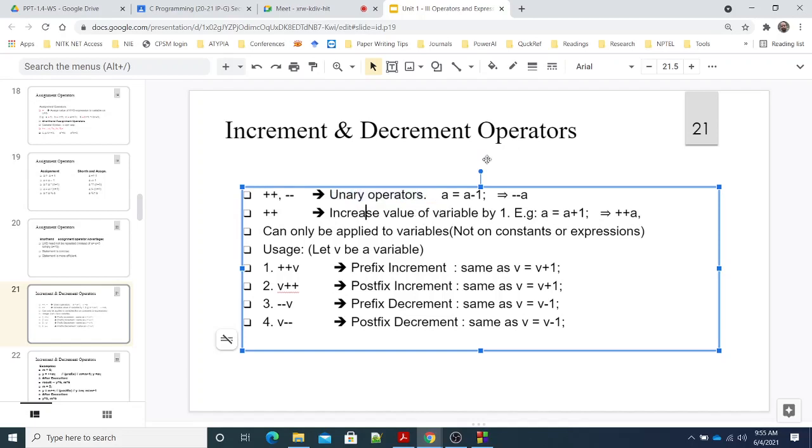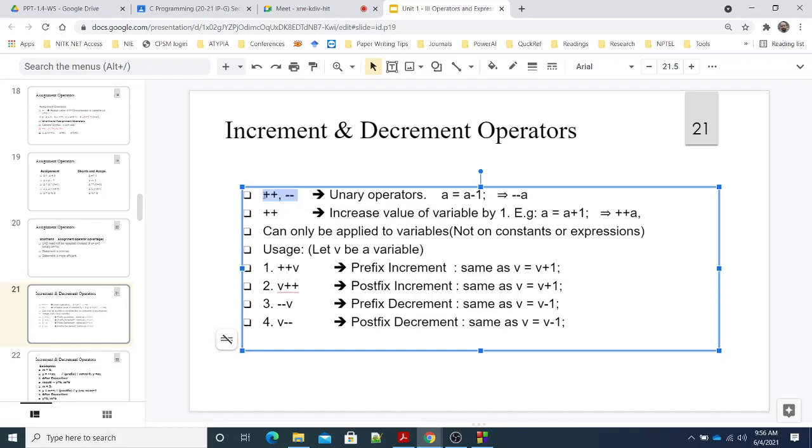There will be only one operand for these operators. Remember, addition is a binary operator. There are two operands for addition. That's why we call it a binary operator. Subtraction, division, multiplication, etc. are binary operators because two operands are there. Unary operator means there will be only one operand.